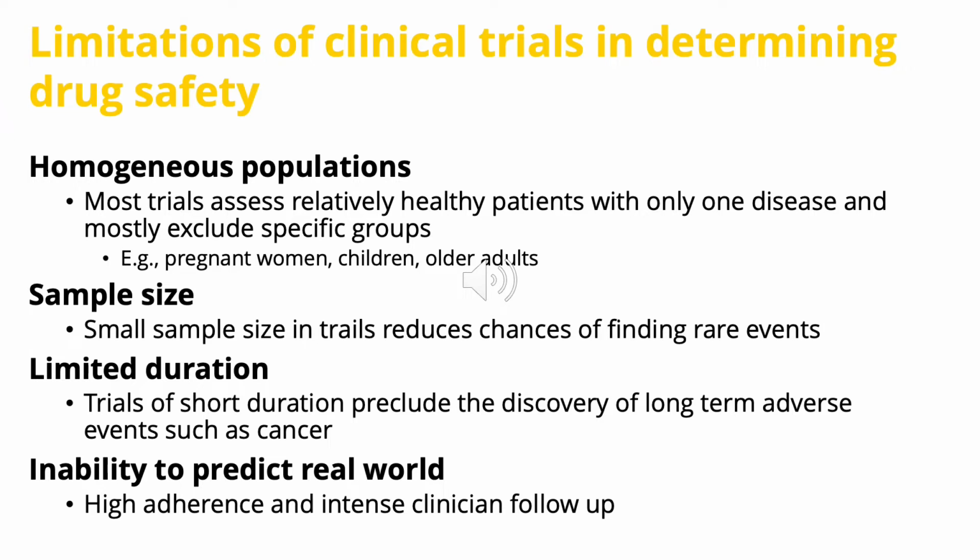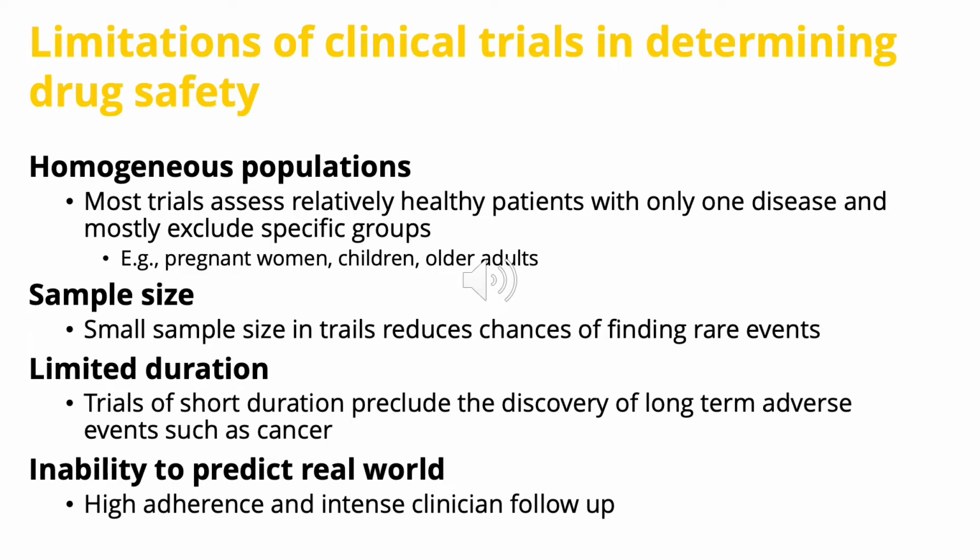So I discussed this a bit in the trials lecture, but just as a reminder, why we conduct observational drug safety studies after they've come onto the market, and why clinical trials aren't enough to determine the safety and effectiveness of medications, and why Phase 4 studies need to be done in the first place.